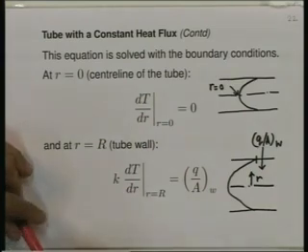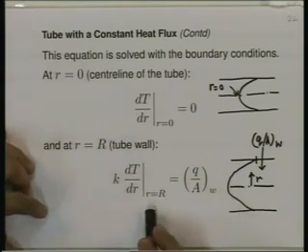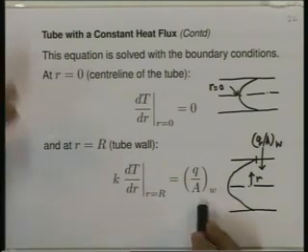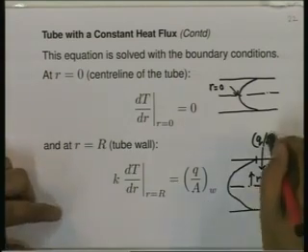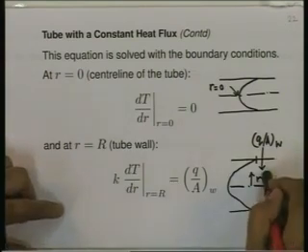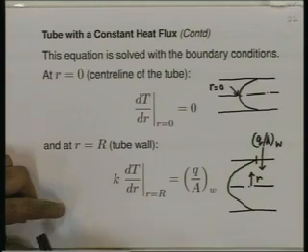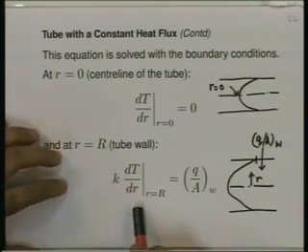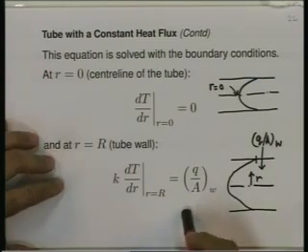So, by Fourier's law, conductivity into temperature gradient at the wall would equal the heat flux from the wall into the fluid. Because the heat flux is in the negative r direction, the negative sign in Fourier's law is taken care of. So, this gives us the boundary condition at the wall.